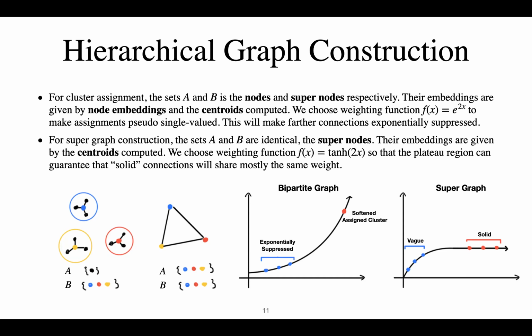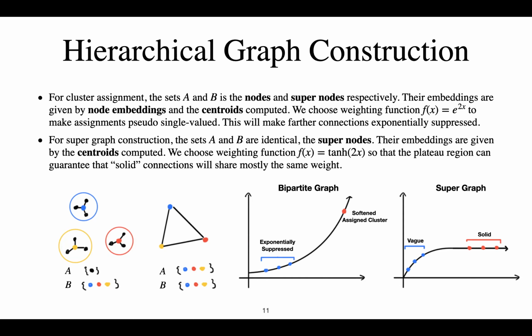Yeah, that's true. Okay, thank you. One quick question. The supergraph is based on the aggregate nodes, right? Yeah. It is initialized by aggregating the node information based on the assignment matrix computed.